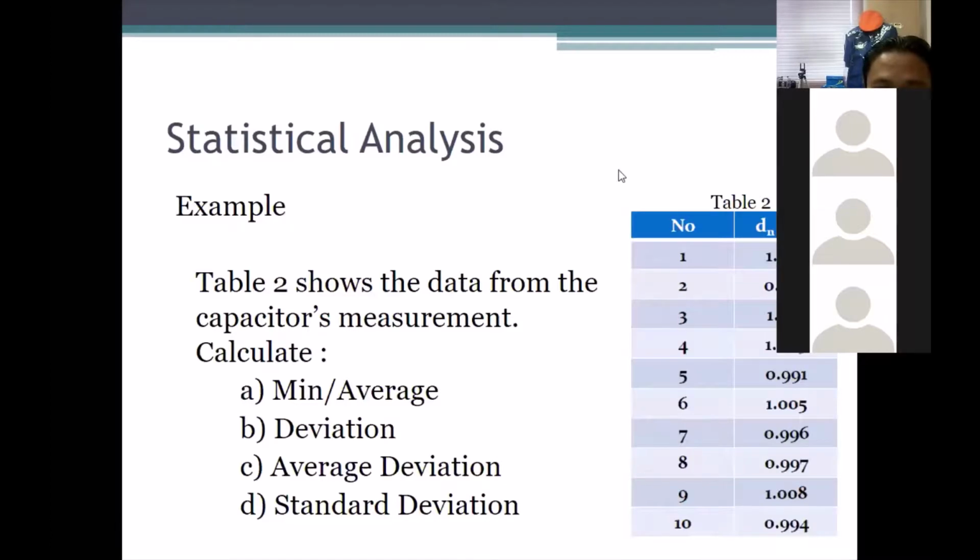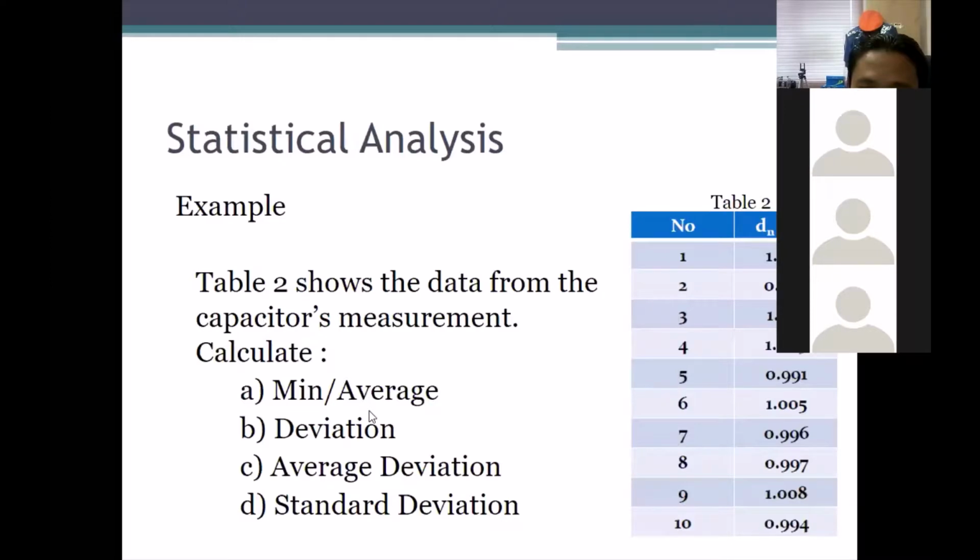Okay, so this is some example. All right. So I give you another 5 minutes to try this one. First, you have to calculate the average, the arithmetic mean, and then calculate the deviations. Calculate the average deviation and calculate the standard deviation. Try this one using these formulas. First, calculate the average, so you add these up, divided by 10.